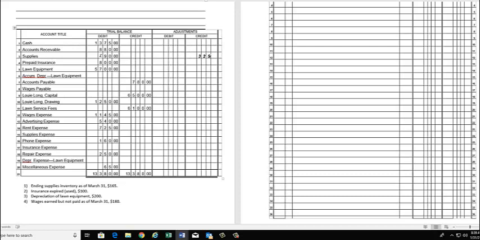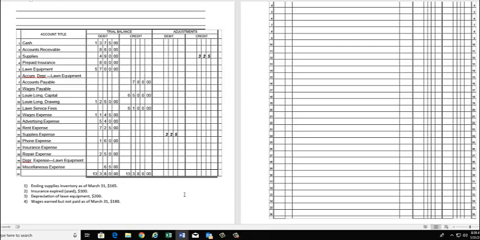Okay, so it has a $490 debit, and if we credit it for $325, it will bring us down to $165. Then we're going to debit supplies expense. Remember, if we credit anything, we have to have an offsetting debit. Okay, so that's our first adjusting entry.